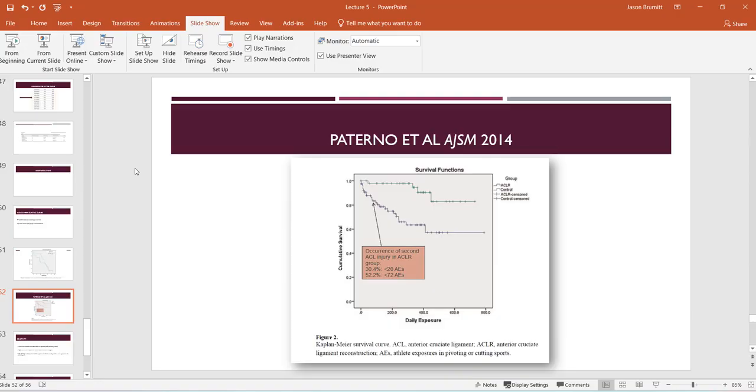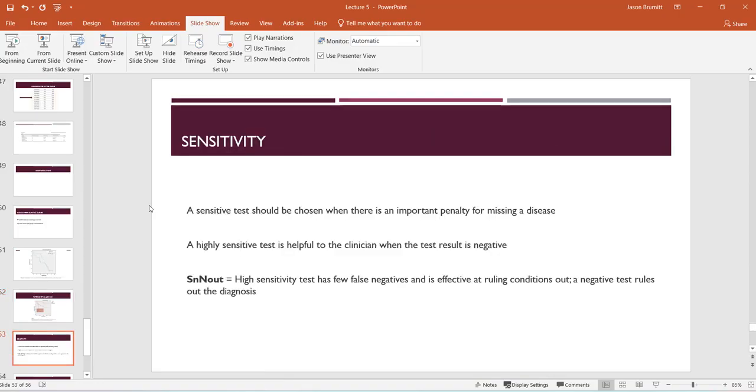And so it shows, because there's this steeper drop here in the ACL reconstruction group, they had more second ACL injuries versus the ACL injury rate in a control group. Just shows that there's a problem here where maybe people aren't getting rehabbed as well or aren't ready to return to sport. And so it highlights a potential problem. So there is a valuable qualitative role to those types of things.